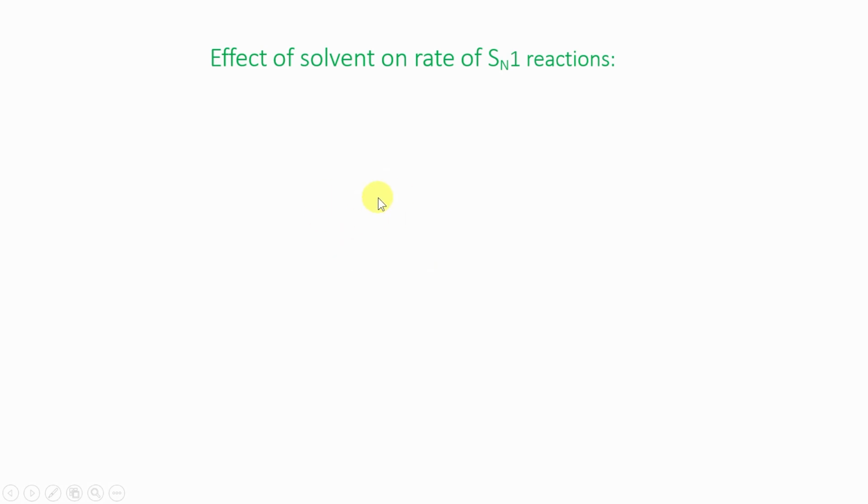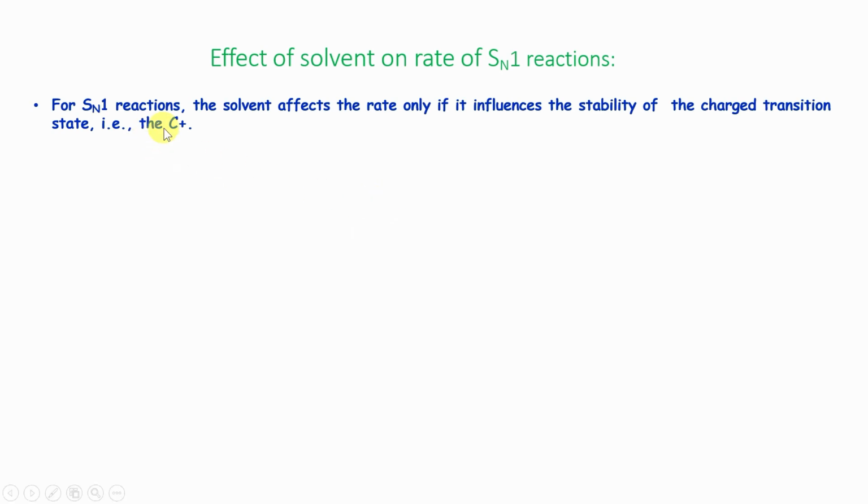Then let us see how the solvent affects the rate of SN1 reaction. For SN1 reaction, the solvent affects the rate only if it influences the stability of the charged transition state, that is the carbocation. The first rate determining step of the SN1 reaction involves the formation of carbocation.